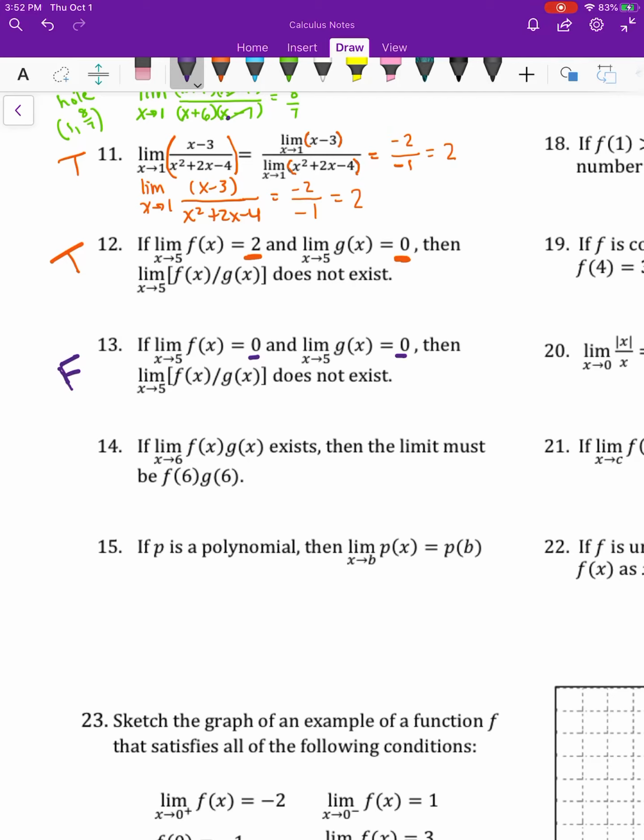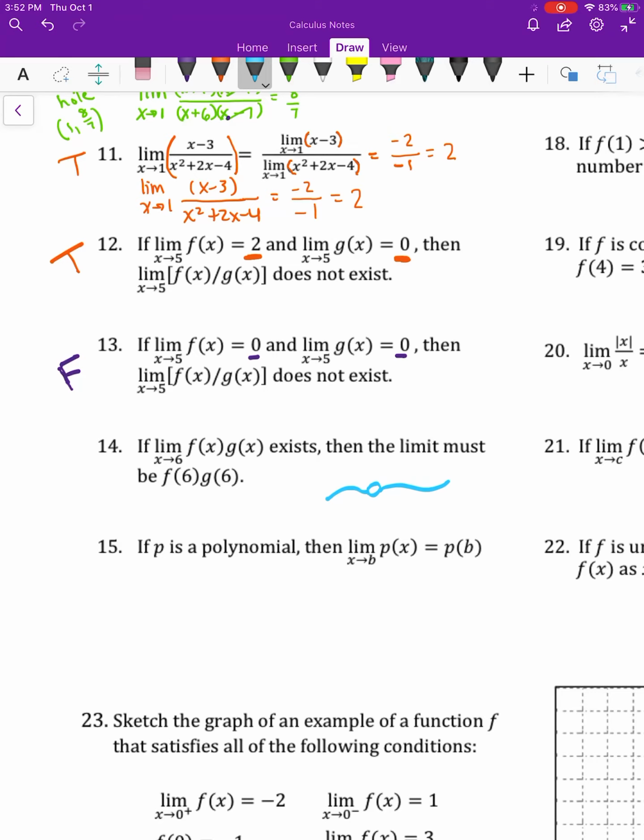All right, so now 14. If the limit as x approaches 6 of f of x times g of x exists, then the limit must be f of 6 times g of 6. Now, hopefully you realize that that is not true.